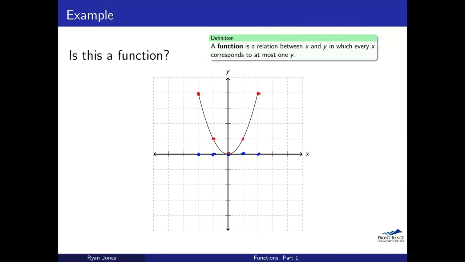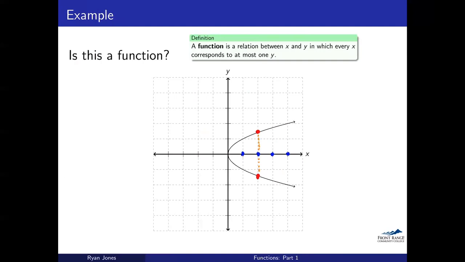There's a little bit of overlap there at the origin, but that's okay. Every single one of these x values corresponds to a single y value. Because I don't have an x corresponding to more than one y, not 2 y's or 3 y's or 4 y's, this is fine. This actually is a function, and it works. This would be a parabola. We'll get more into that a little bit later.